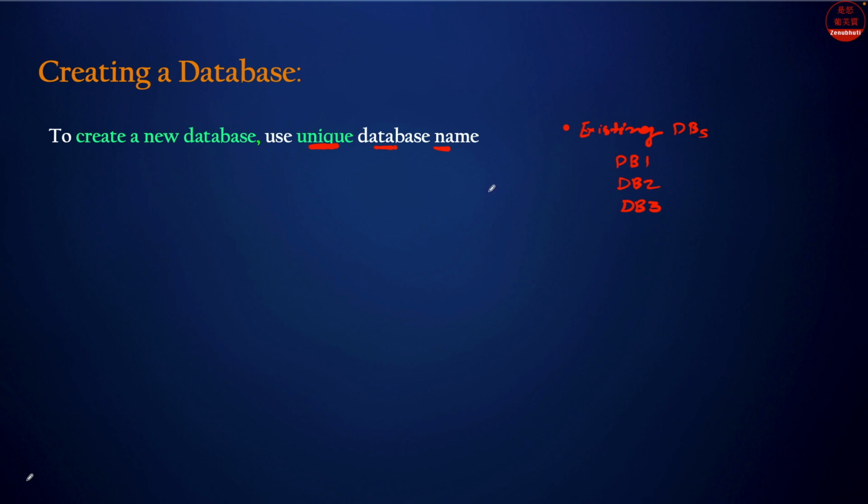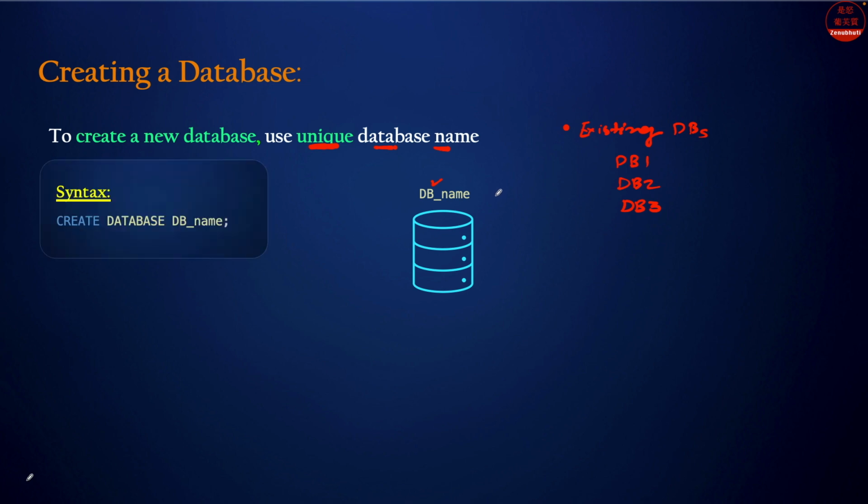Now we need to create a new database, and that database name is DB underscore name, right? How will we do that using SQL? Let's try to understand the syntax. The syntax says that we need to use two keywords together, create database.